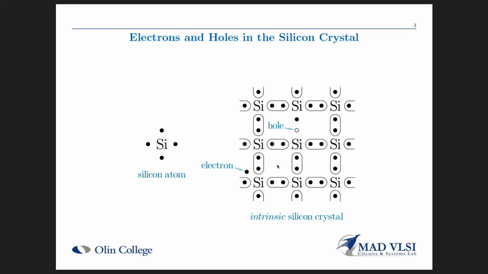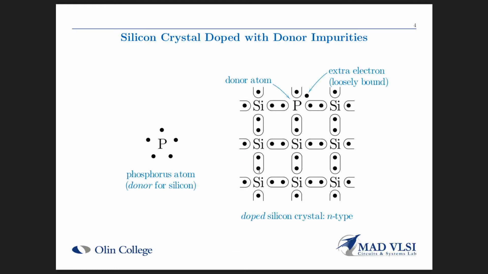What we can do with silicon is introduce impurities in selective locations. So if we take, for instance, a group 5 element like phosphorus, and we introduce it into the silicon crystal, displacing a silicon atom, what will happen? The group 5 element has 5 valence electrons, and 4 of those 5 valence electrons will participate in covalent bonds with neighboring silicon atoms, just like the silicon atom that it displaced.